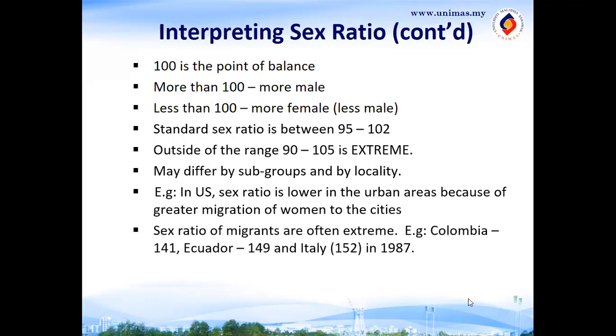Okay, and then another example, sex ratio of migrants is often extreme. Bagi migrants lah. For example, in Colombia 141, in other words, 141 males for 100 females. Ecuador 149, Italy 152 in 1997. Sebabnya adalah migrants yang datang ke negara tersebut adalah kaum lelaki.